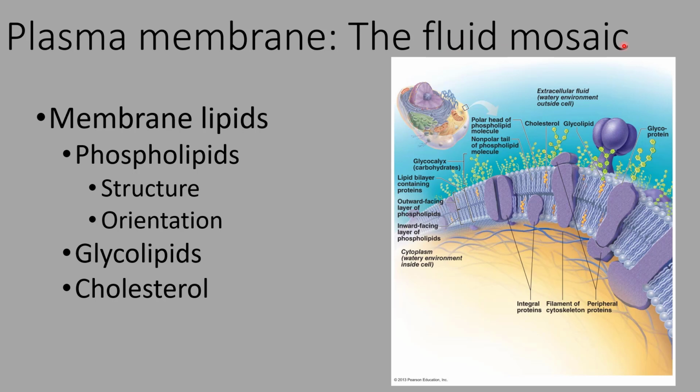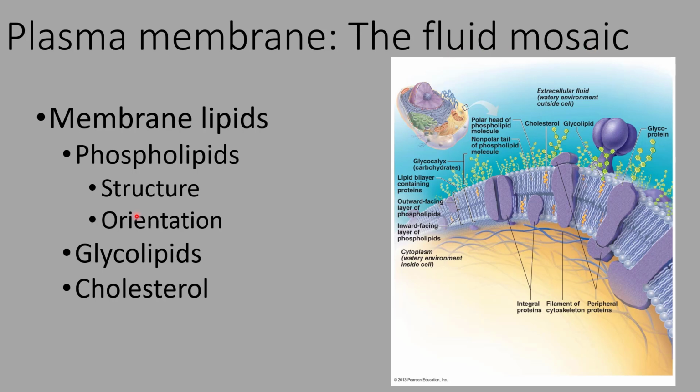But it is a mosaic because it's made of lots and lots of different individual pieces. And all of those pieces move around independently of each other. Later on, maybe this big purple guy right here, it's a protein, will be way over here, and maybe one of these small proteins here will be over here. They move around. They are a fluid mosaic.